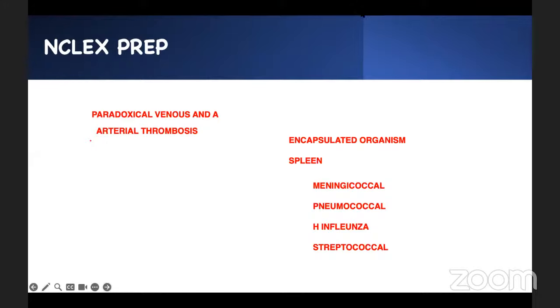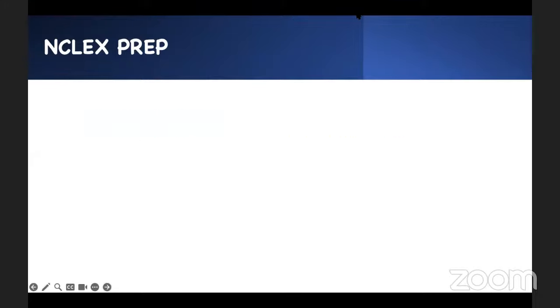Any question? So we fixed this patient. If you develop heparin-induced thrombocytopenia, it's because you're going to have venous and arterial thrombosis. Because of that, stop the heparin. Don't hold it. Stop the heparin.